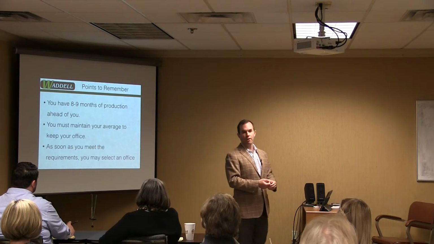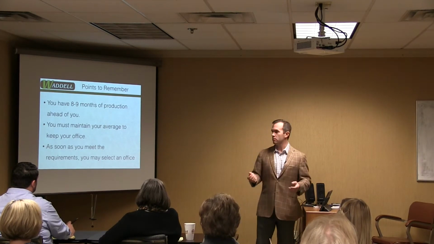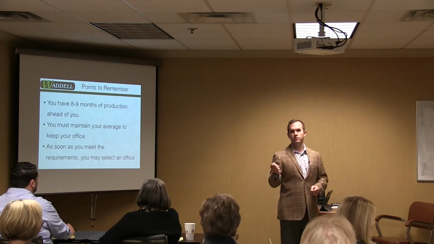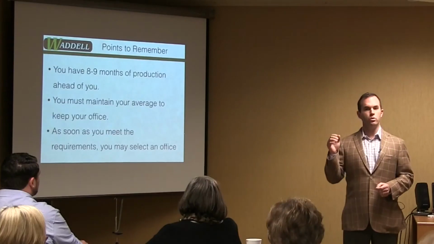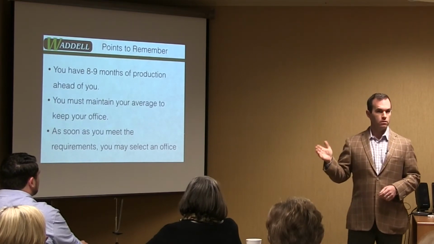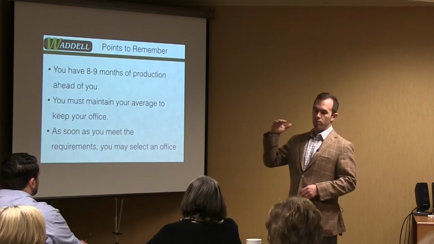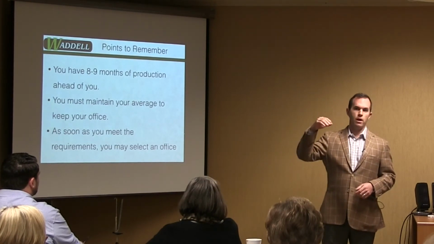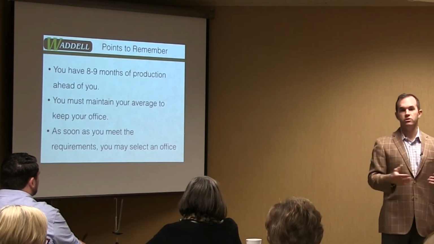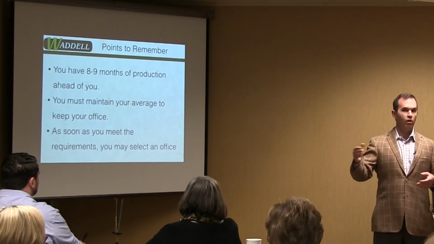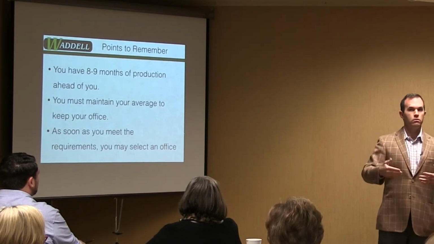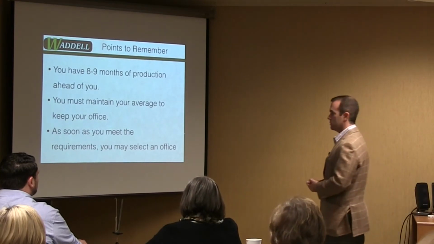You do have to maintain your average to keep your office. And for the private office space, if you do not meet that production, you have a 12-month grace period. So if you are at 100,000, and when you do the annual review your production average is now 90,000, you have 12 months to get your average up, or you have to move into another space.